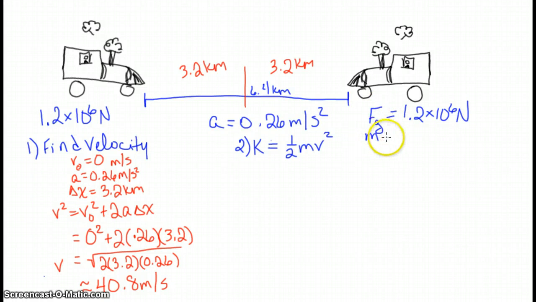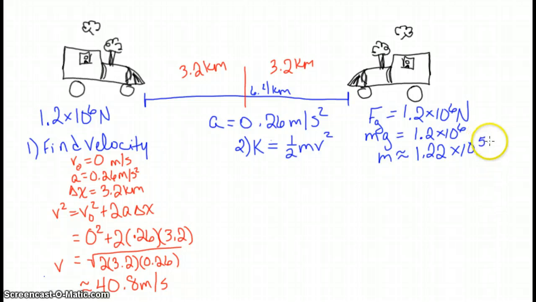That's equal to mass times gravity. So we have to find the mass by dividing 1.2 times 10 to the 6th by 9.8. So let's just be aware of that. So that's going to give us a mass of approximately 1.22 times 10 to the 5th, and that's going to be in kilograms. So just under a factor of 10 difference.